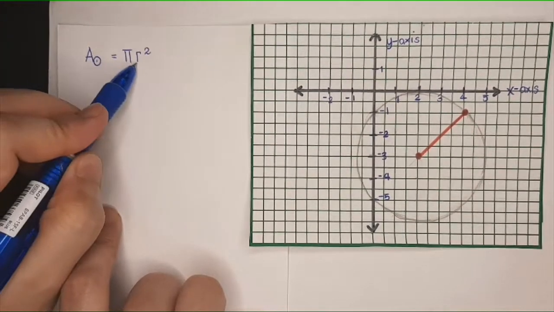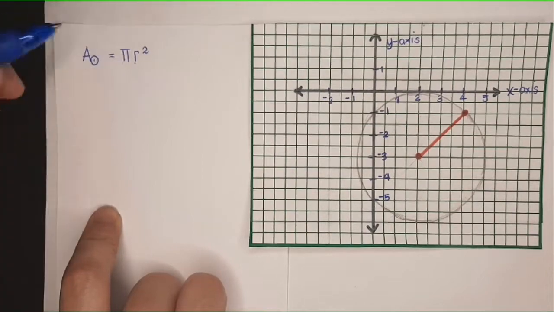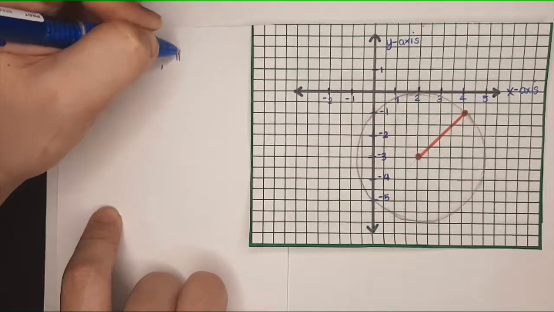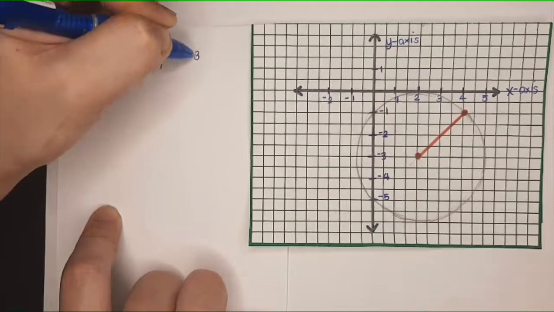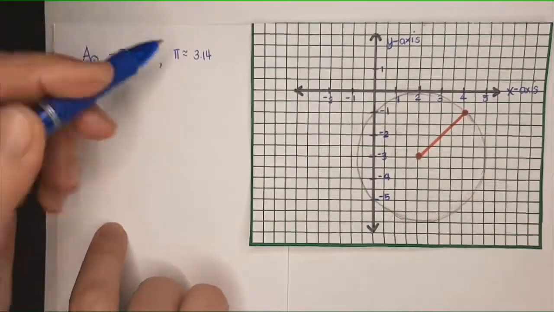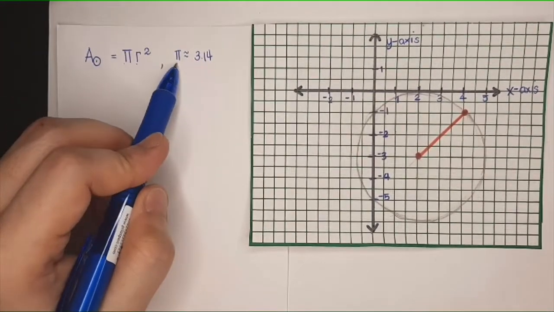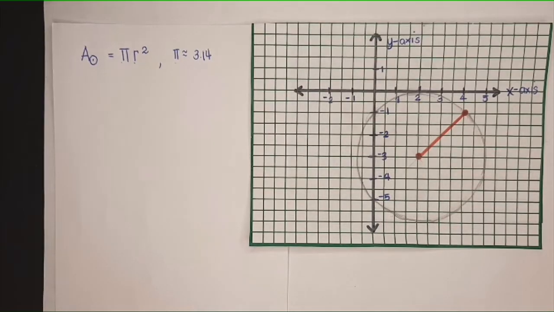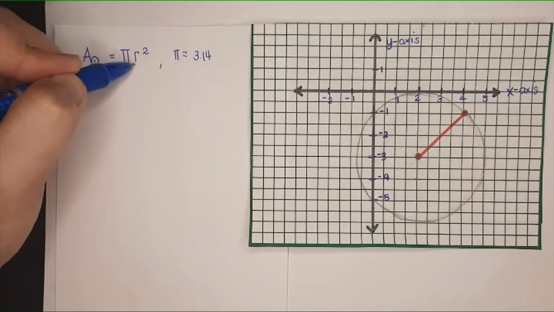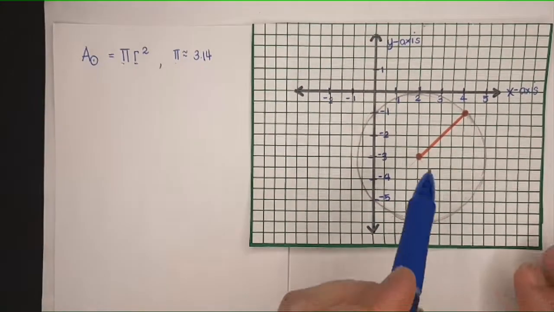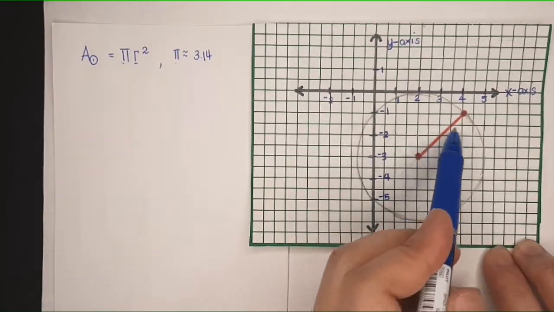Okay? R is the radius. And then pi, you may use pi as 3.14. This is the approximate value for pi. Okay? So meron ka ng pi. Okay? Yung radius naman. So, clearly, ito yung radius.